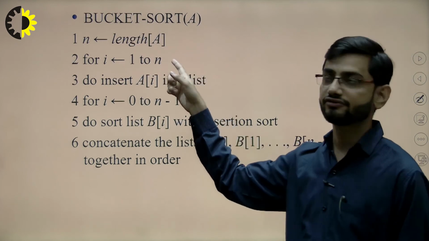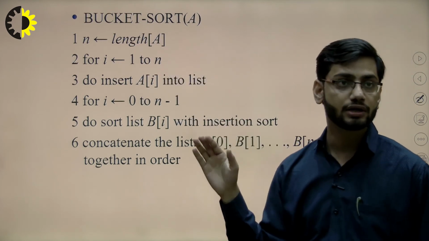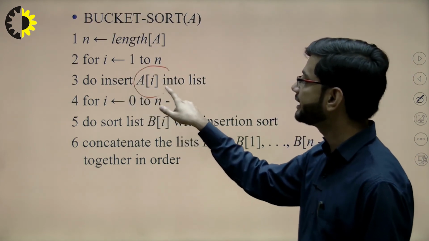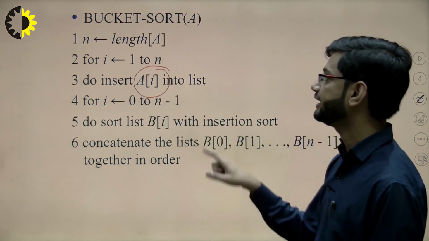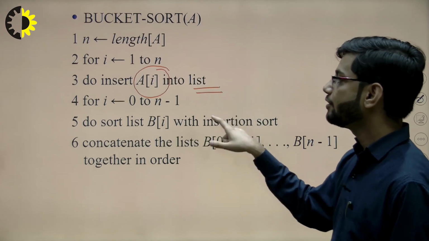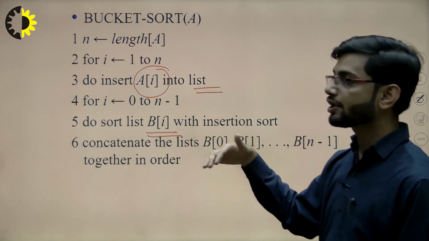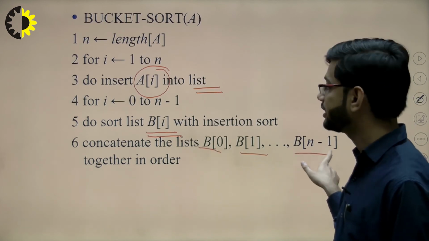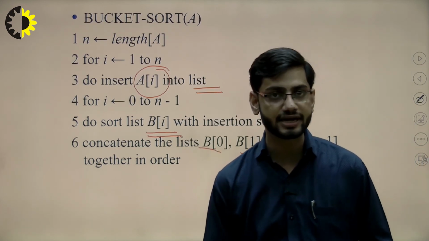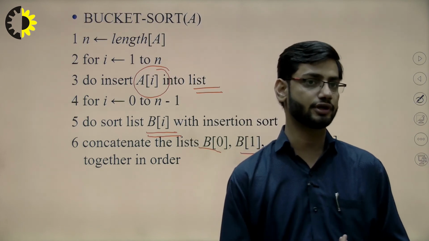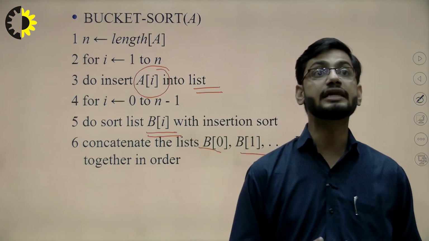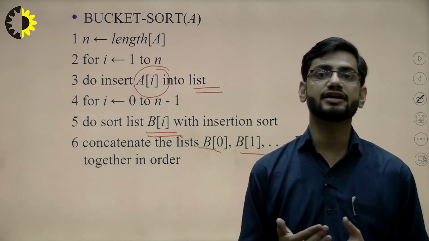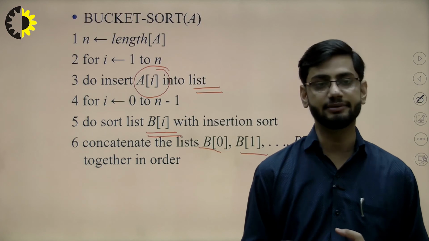N is the length of the array. For i equal to 1 to n, you are inserting the corresponding ith array element into the list. Now suppose a number of buckets are created, B0, B1, up to Bn minus 1. Now you will sort these buckets individually using insertion sort, because insertion sort gives a linear time output if you have a smaller range of elements.